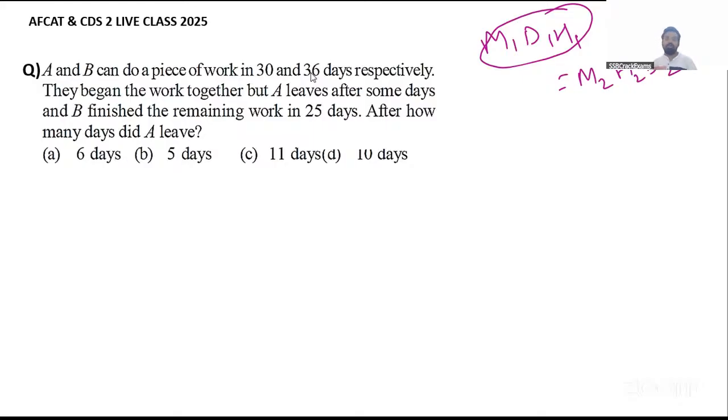So till now, starting with this class, I am doing the same thing that I did till now. For formula or trick purposes, I can take a separate class for time and work. No problem. Okay. I will make a separate PDF and share it as well for the different tricks.